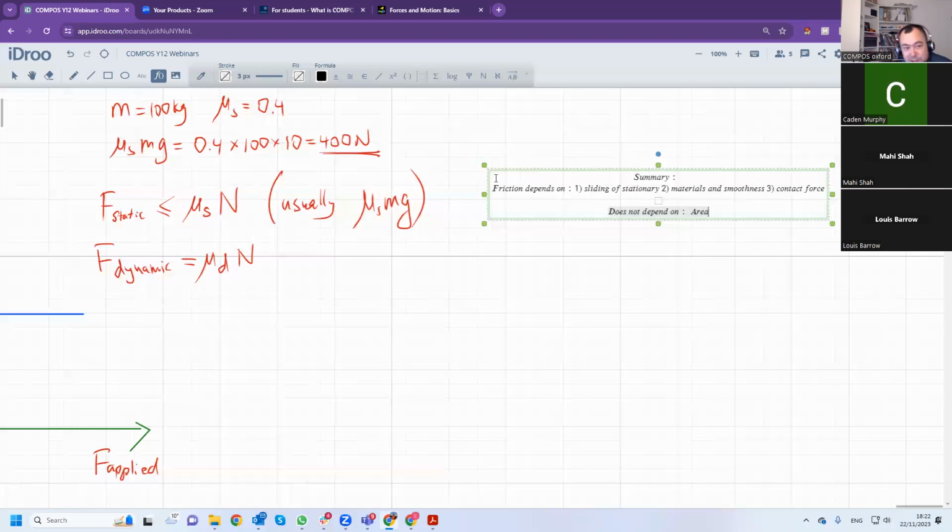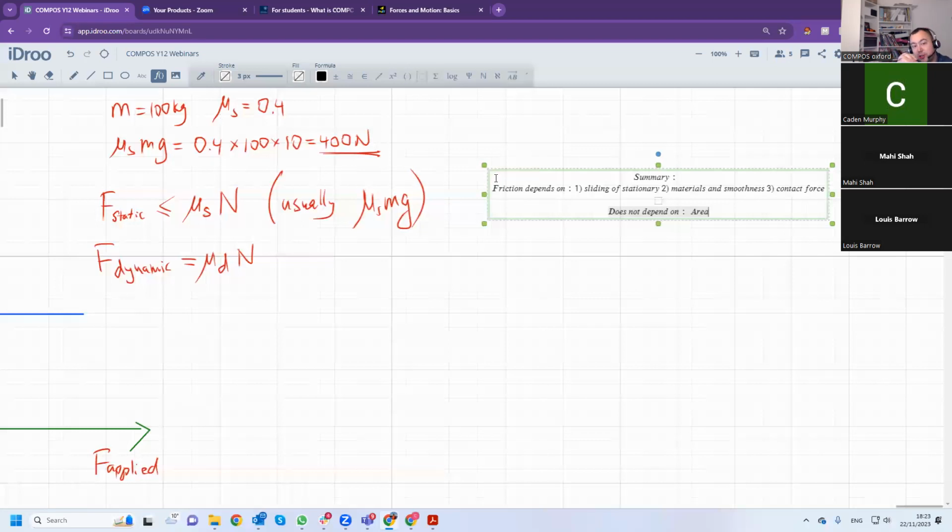Okay, the friction does not depend on the area. So presumably, let's think about cars. Two cars, one with very big wheels and one with small wheels.